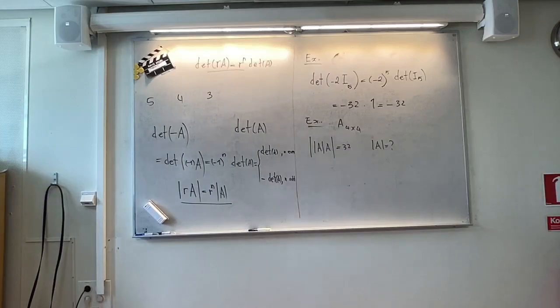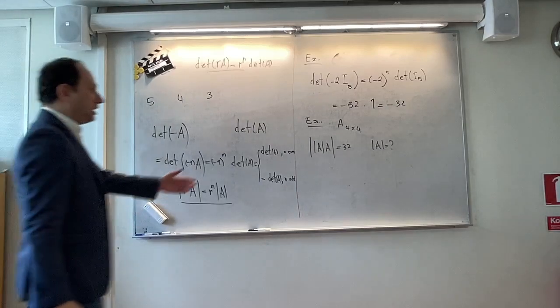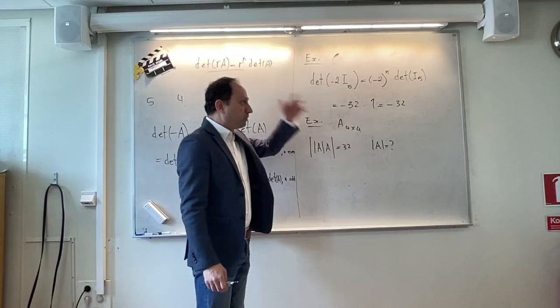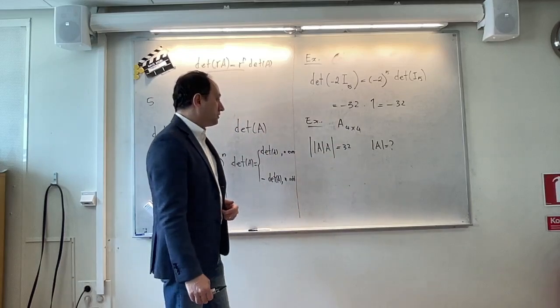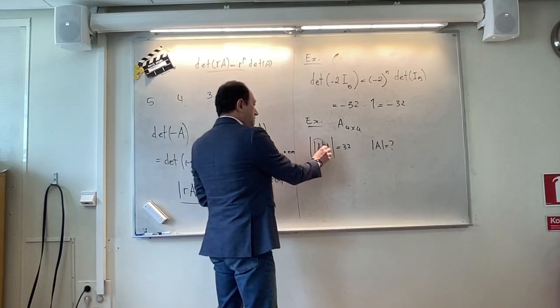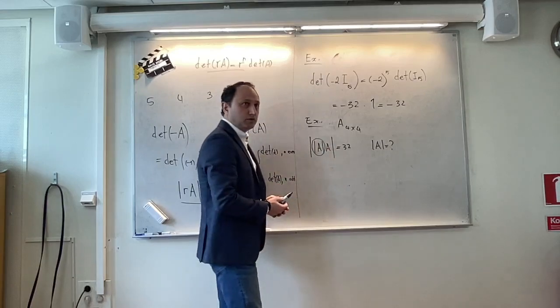So how do we answer this question? I don't want to answer just; I want you to understand these notations are sensible. Is that right? Because I am telling you that I have a 4 by 4 matrix. Imagine it in your head. What is its determinant at the end? It's a number.